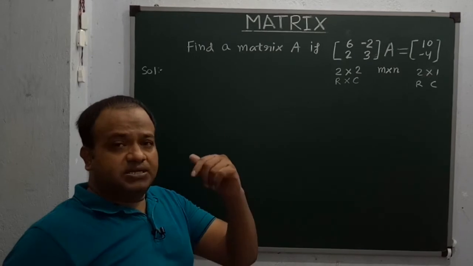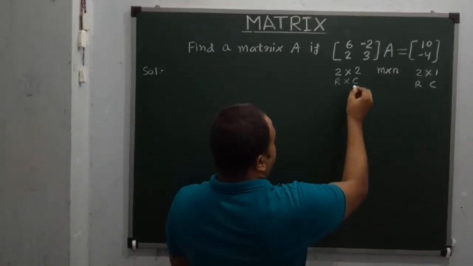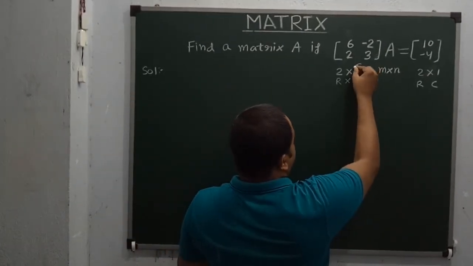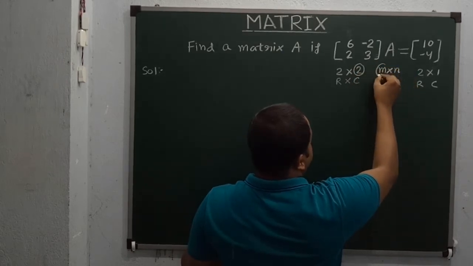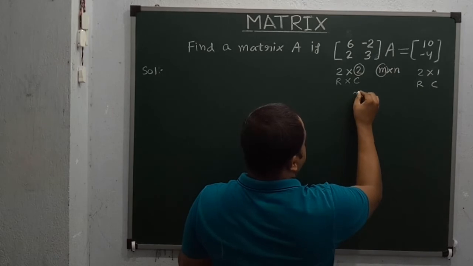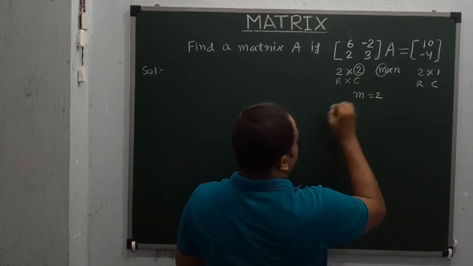Now what we had known earlier, that number of column of the first matrix, what is this, 2, must be equal to the number of row of the second matrix. It means m is clearly 2.